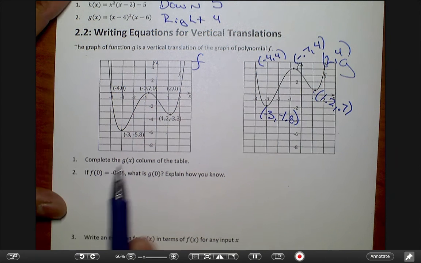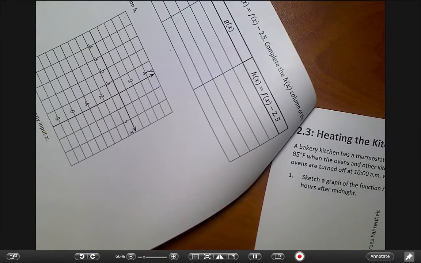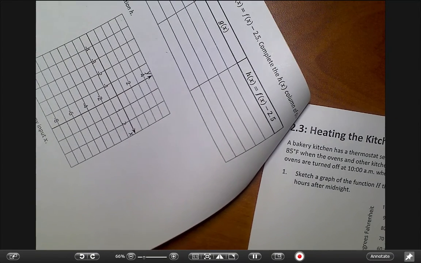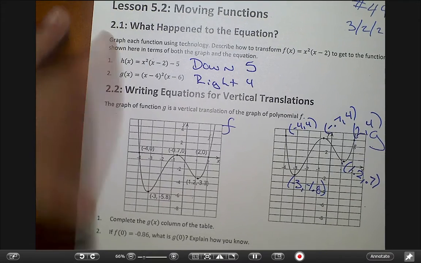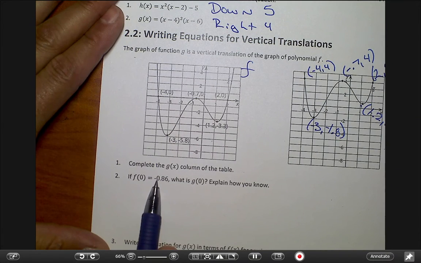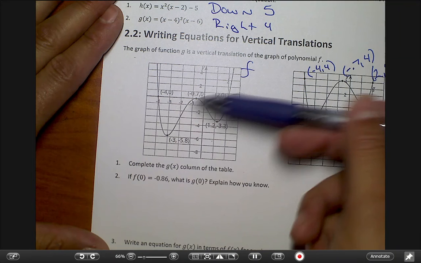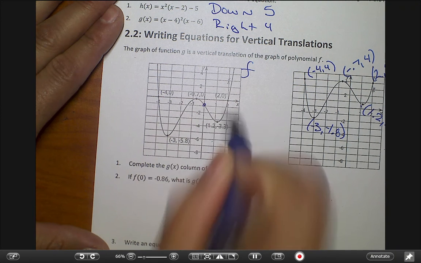Okay, so let's take a look. So now, the table for this one, it's over here. We're going to fill it in here in a minute. Listen, please. Okay, we filled it in right here because that's what we're looking at. If f of 0 is, so right here, f of 0, so when this is 0, we get this value right there.